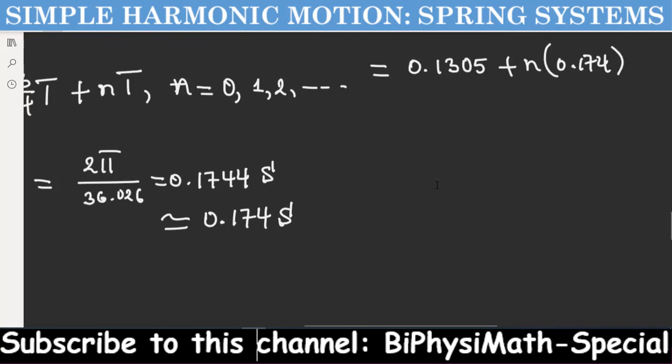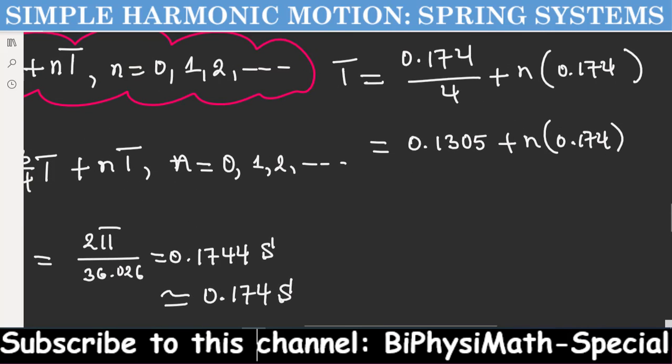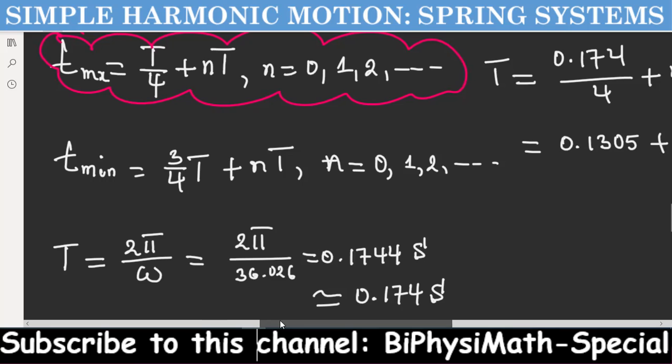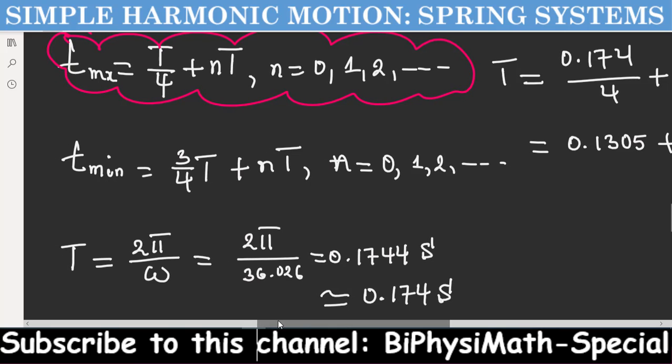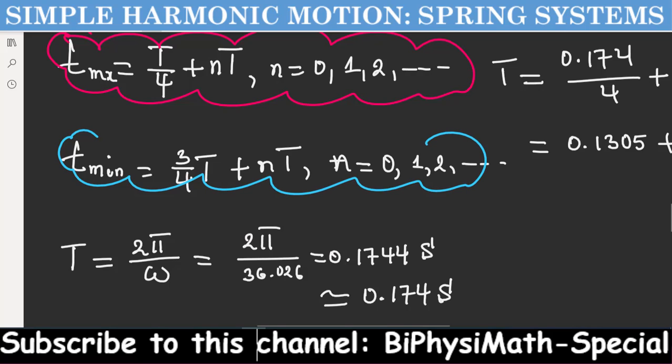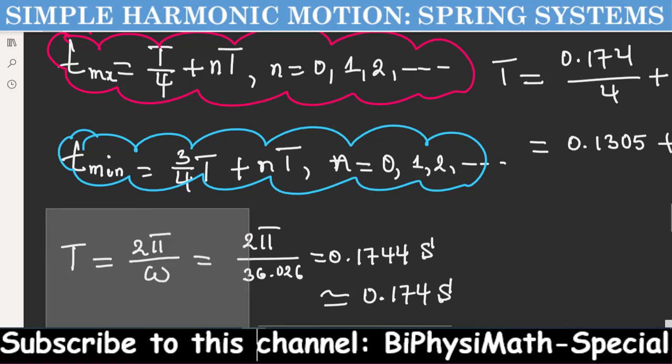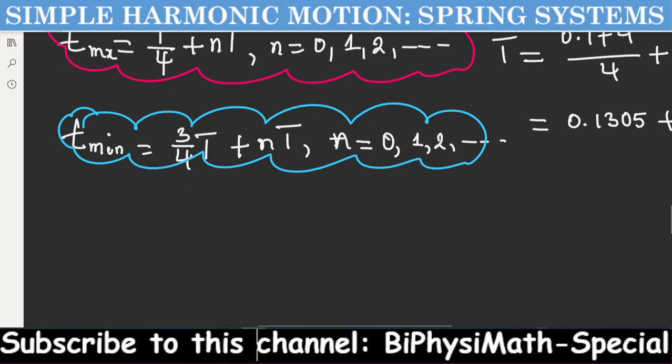Now, at what times will our spring be shortest?